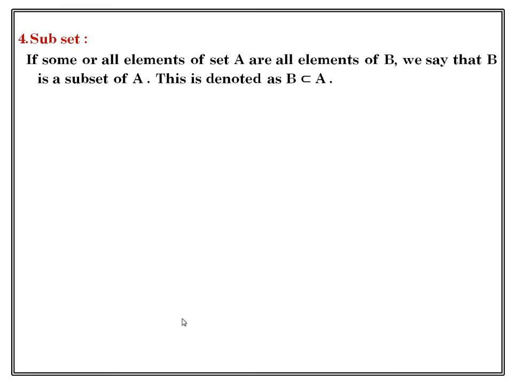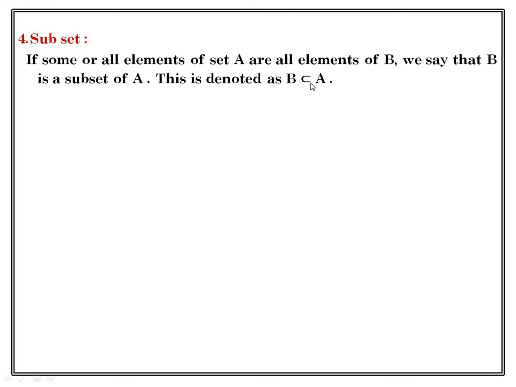Now let us see subset. If some or all elements of a set A are elements of B, we say that B is a subset of A. This is denoted by B subset A. The symbol is like a U turned towards the right side.